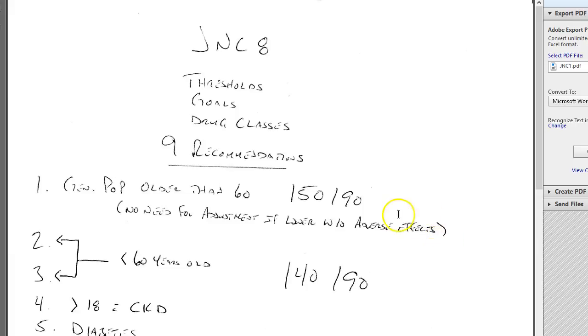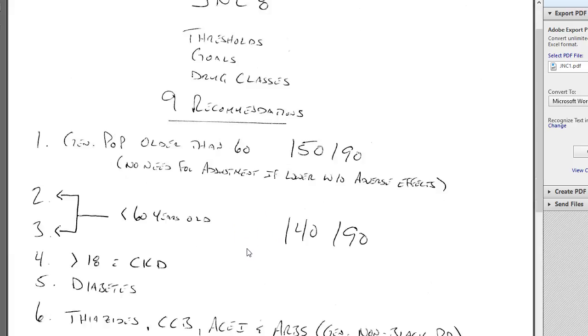Now, of course, if you have somebody on triple therapy and they have a blood pressure of 100 over 60 and a pulse rate of 58, and they're always coming into the office complaining of dizziness, lightheadedness, and fatigue, then certainly something needs to be modified. But otherwise, no need for adjustment if we're under 150 over 90 without any adverse effects or complaints.